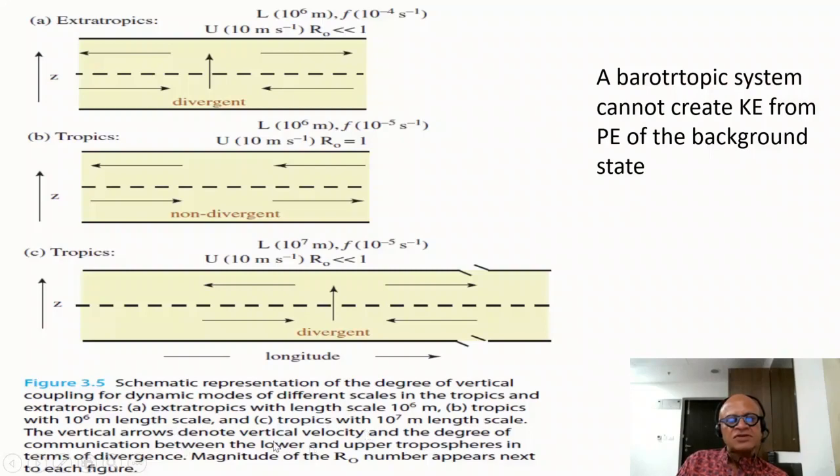The vertical arrows denote vertical velocity and the degree of communication between the lower and upper troposphere in the divergence. So when you increase the scale to 10^7 meters, then for the same background velocity you can produce strong divergent flows and increase the communication between the lower level and the upper level.